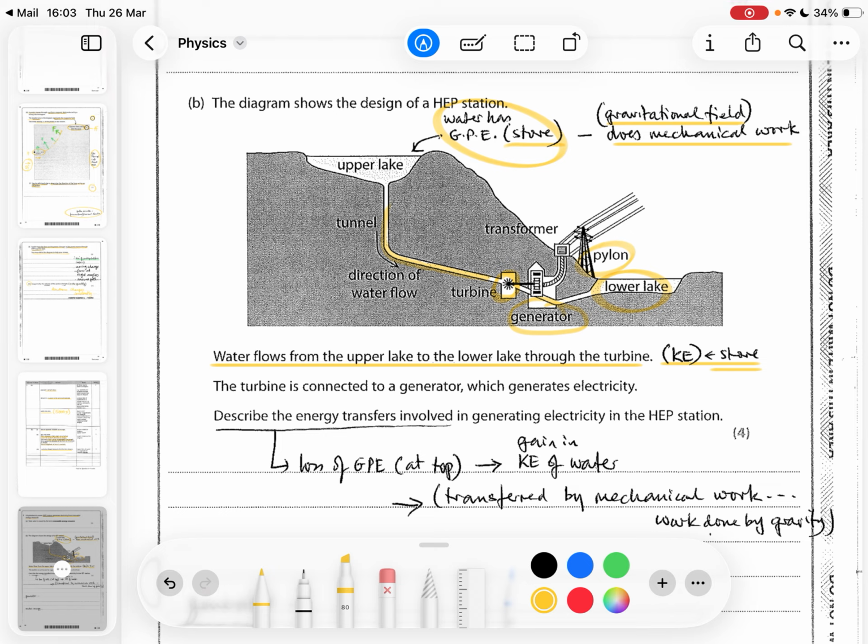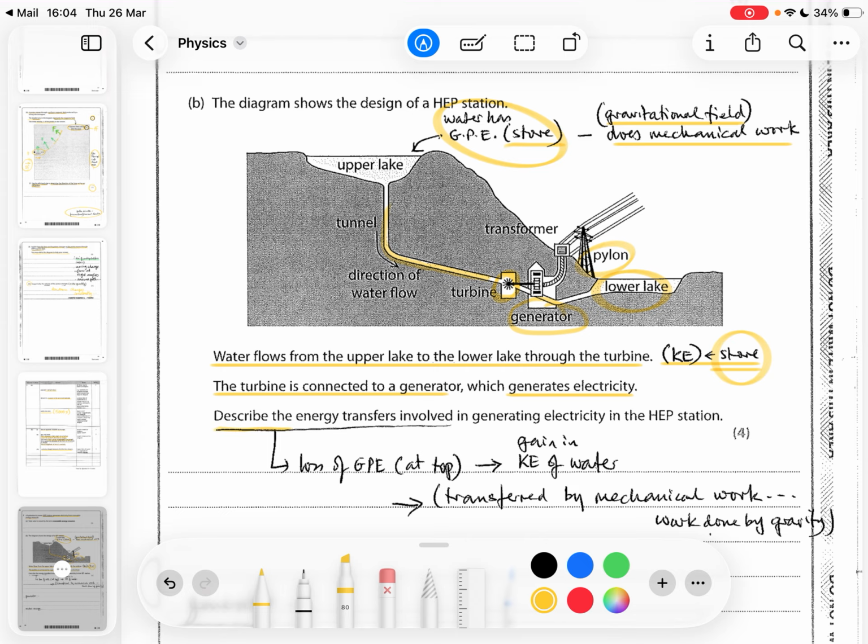Yeah, they love this word "store" in GCSE now. They never used to use it, but it's becoming a lot more common. In your GCSE, you need to make sure you distinguish between energy transfers and what energy it is stored in at the time. The turbine is connected to a generator, which obviously generates electricity.